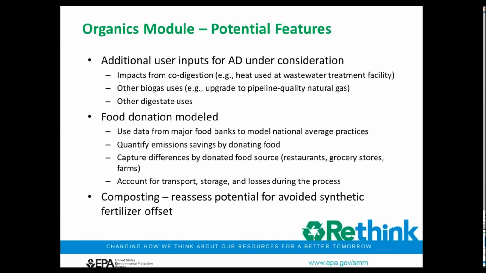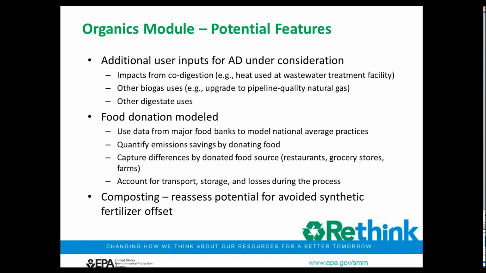So just to go over those in a bit more detail, the user options for anaerobic digestion that are under consideration include impacts from co-digestion. As I said earlier, we developed the anaerobic digestion pathway in WARM for wet digestion with the idea that the methane yield would be representative of both standalone and co-digestion facilities.